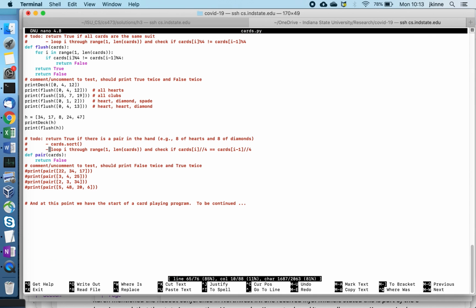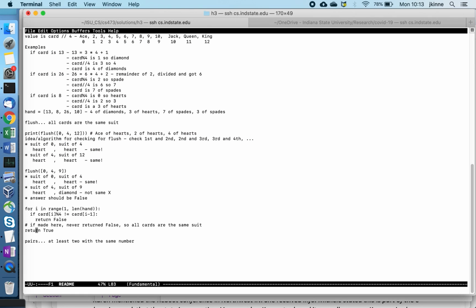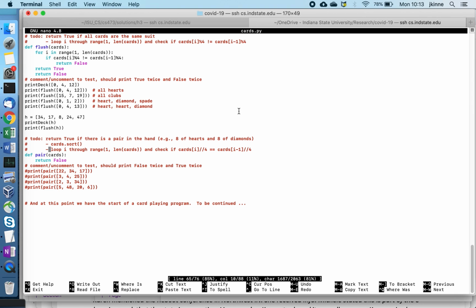For the pair function, I want to look for at least 2 that have the same number now. So instead of looking at the suit, I'm looking at the number. So let's say our hand is, we'll take one of the examples here that says it should be a true.